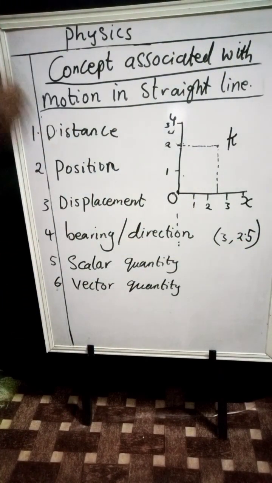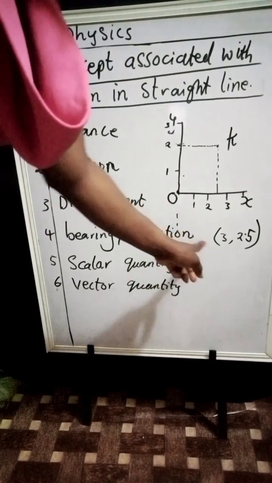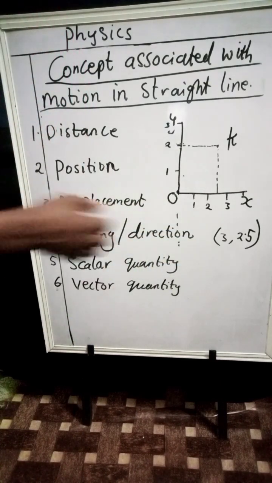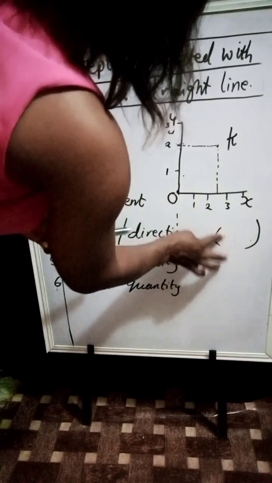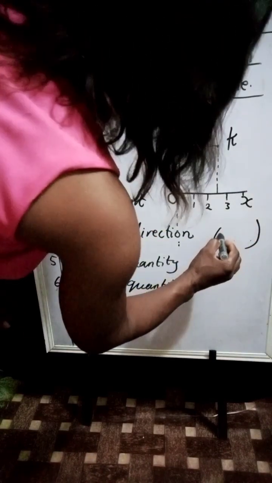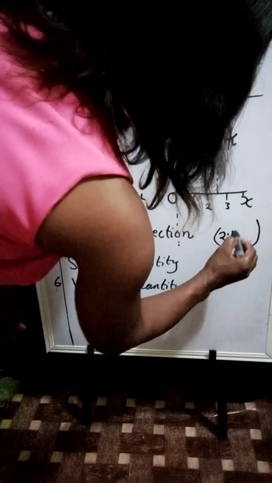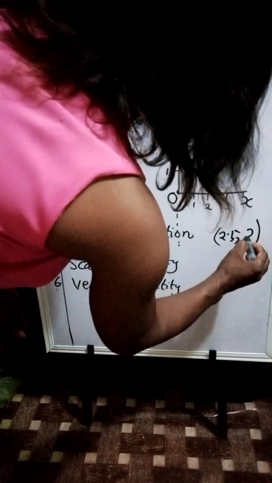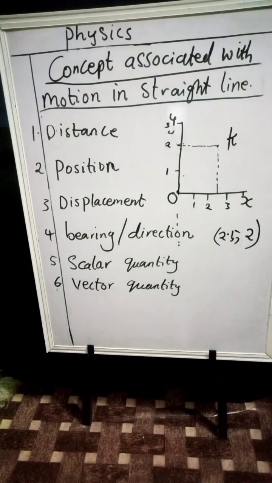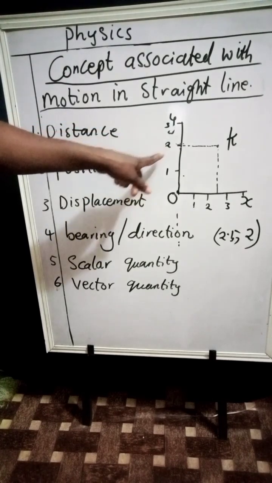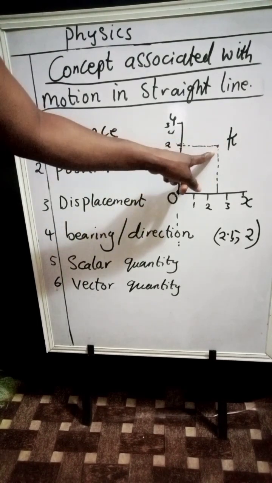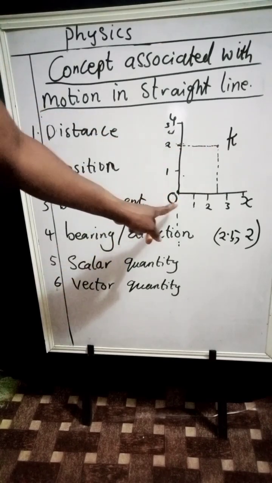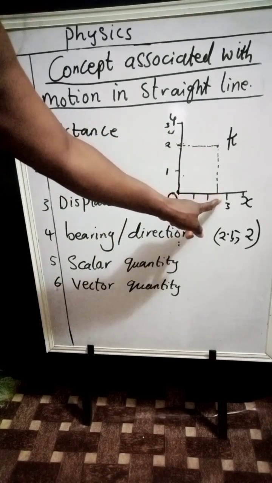Always note that the x coordinate comes first, then followed by the y coordinate. So in this case, it's telling us that along the y-axis, the position K is at 2 units, and along the x-axis it is at 2.5 units.